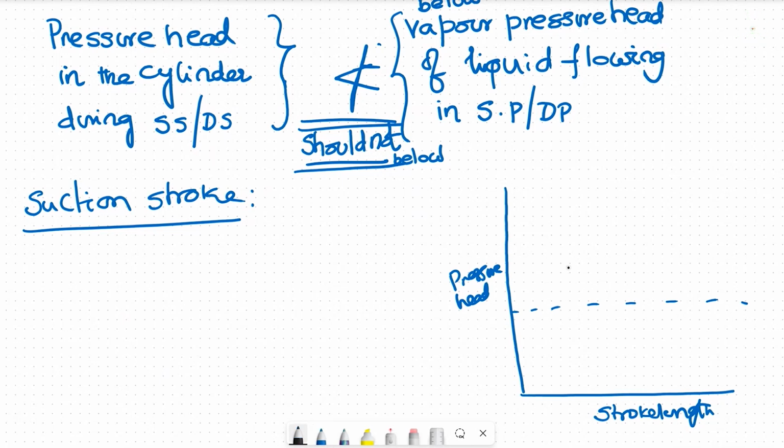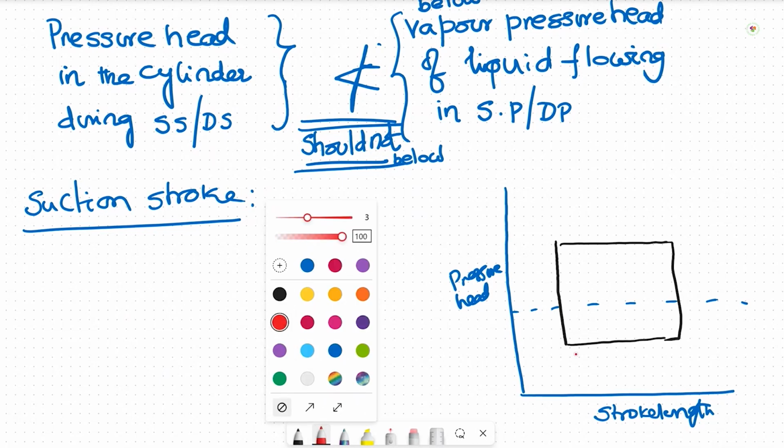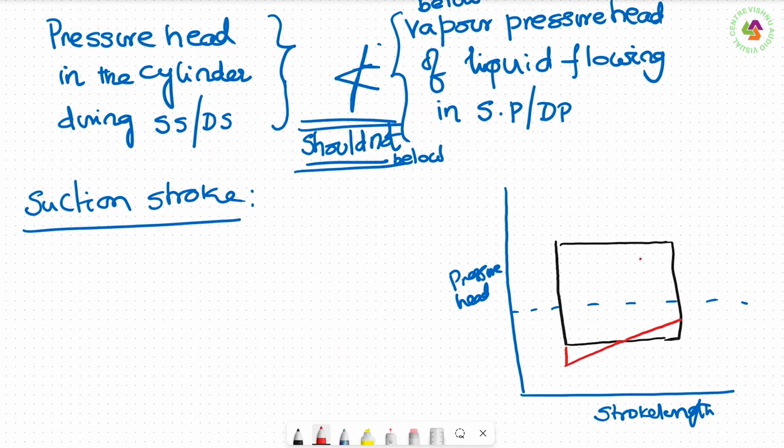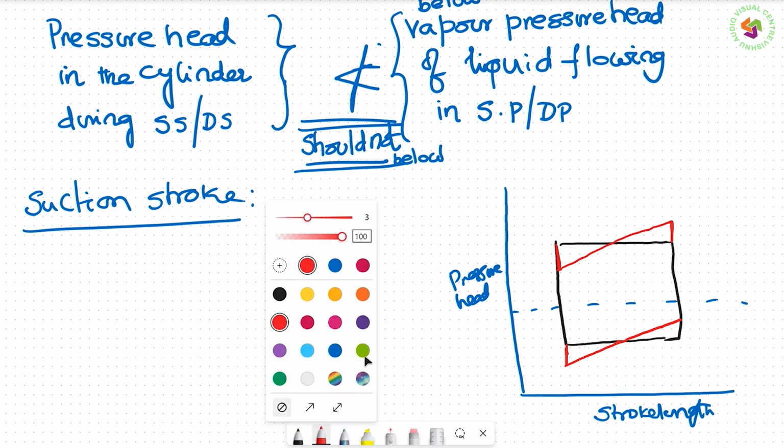This is our initial point, then our next part is like this, and the final part is this. So this is how the diagram is.